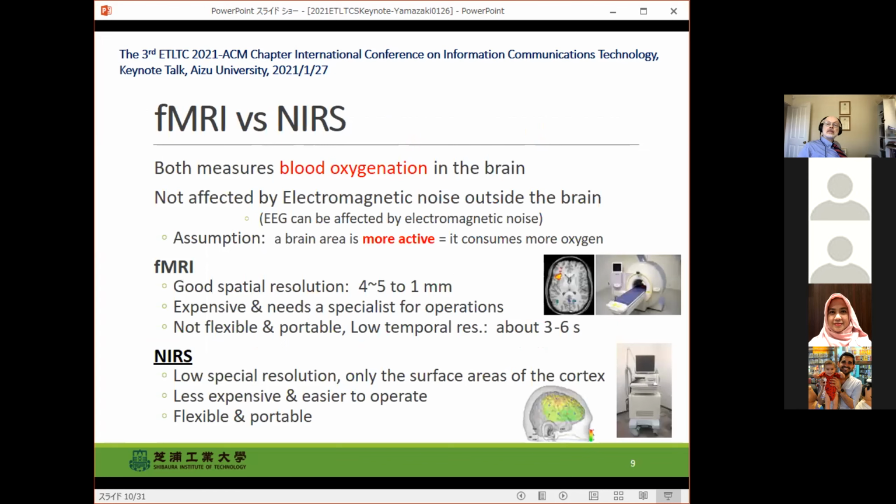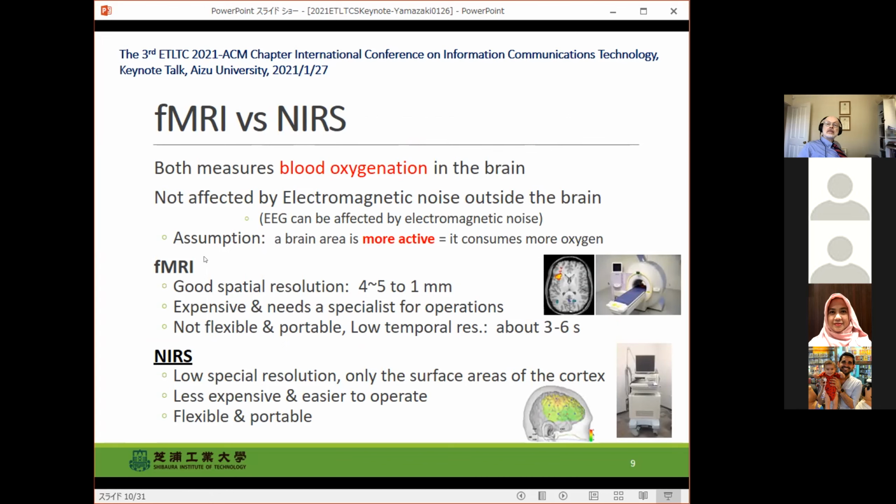Let me compare functional MRI and NIRS. Both measure blood oxygenation in the brain, while EEG can be affected by electromagnetic noise. So sometimes measurement using EEG can be affected by electromagnetic noise from your PC.